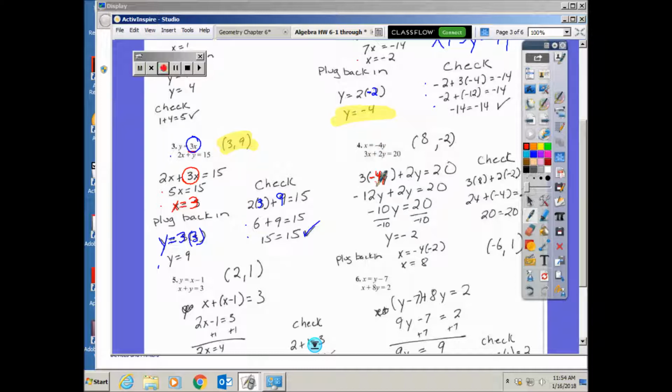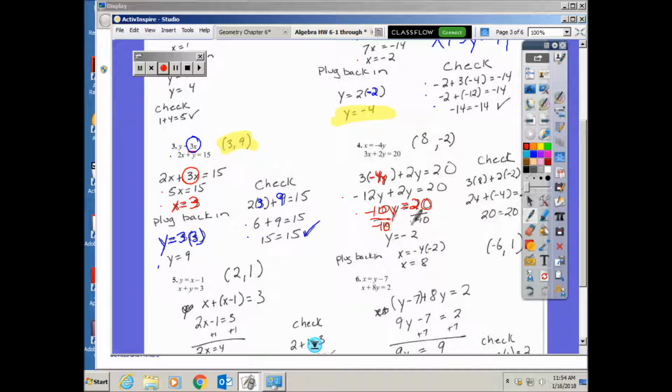3 times negative 4 is negative 12y. Bring down the 2y equals 20. So negative 12y plus 2y is negative 10y. Negative 12 plus 2 is negative 10. Negative 10y equals 20.